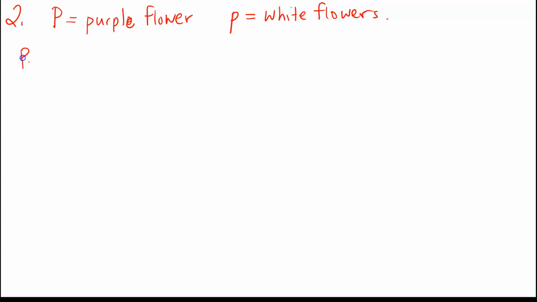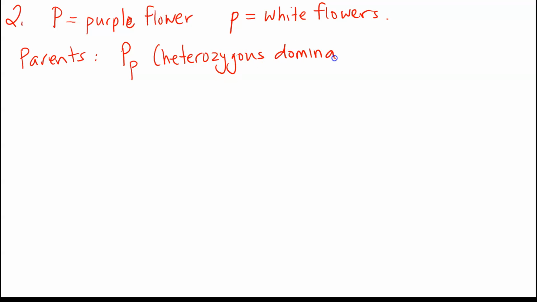So this is where we're going to write down what the parents are. So one parent is going to have the genotype big P, little p, right? And this is, I'm just going to write this here, heterozygous dominant, just to remind you or review that terminology.